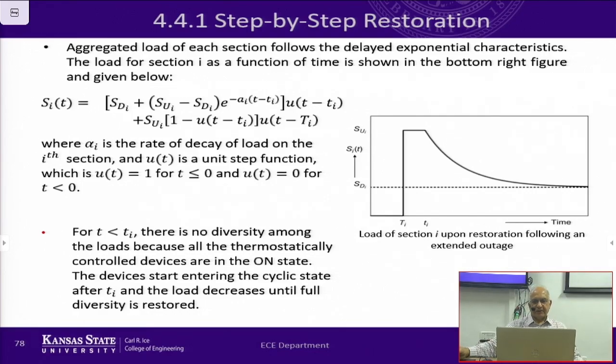So basically what we are saying is that when you multiply by the unit step function, anything at t less than small ti goes to 0, and it will stay 1 after that. So same thing here, u of T minus big Ti is a step function at Ti. When you multiply by that, everything before that goes to 0.